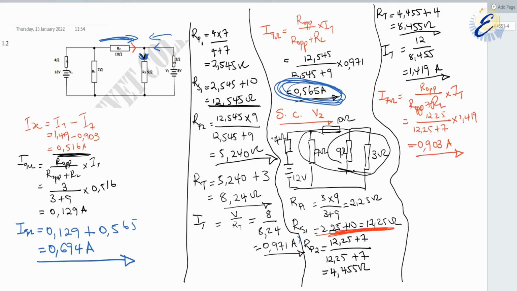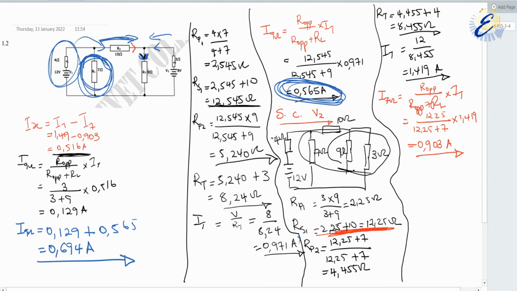But then in this case it becomes a bit complex because you are further away from our load. It means that we had to pretend like our 7 is our load so that we get the current that flows through the 7, subtract it from the current that will be obtained this side, and then we find the current that flows through the 10 ohm resistor.